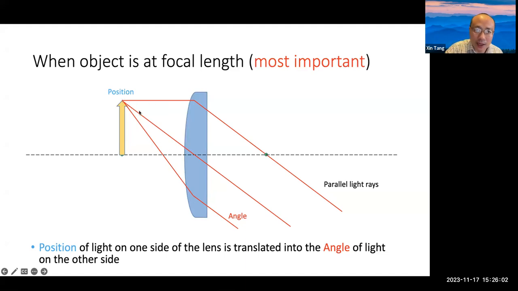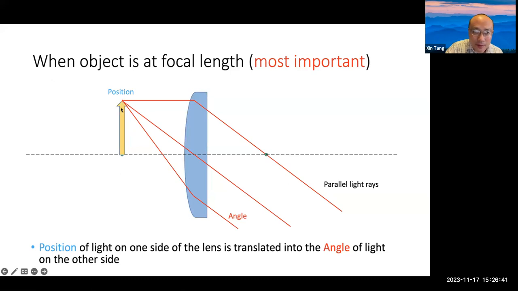We still draw the three major paths, except the third path can no longer go through the focal point, so we draw another line just lower than the first two. For all three lines, after they pass through the lens, they are parallel to each other, but now they are not parallel to the optical axis. What does this mean?